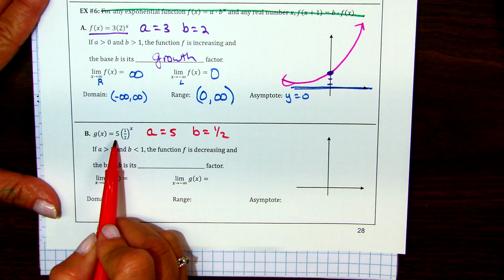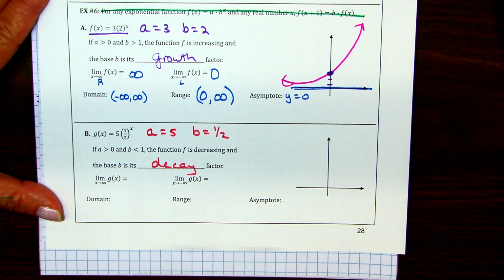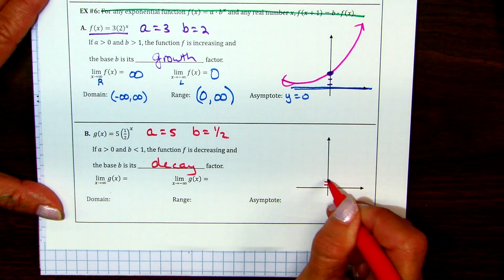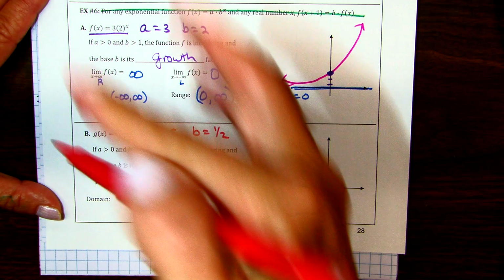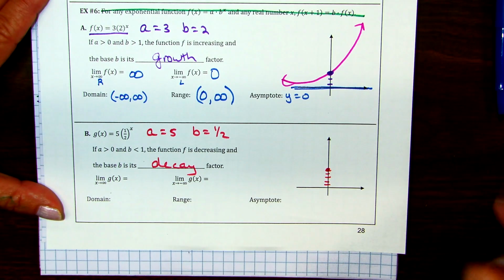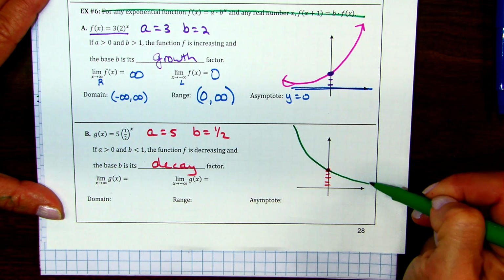Initial value 5, decay factor, right? Because it's less than 1, of 1/2. So A is my y-intercept, and it's decaying, so it's getting smaller as we go left to right. So I'm going to start big and go small.